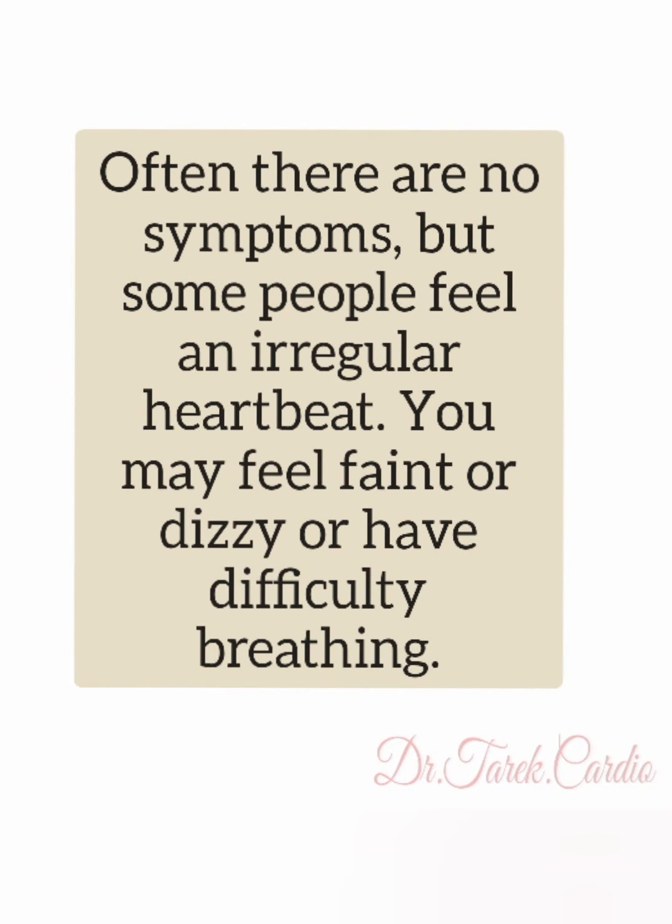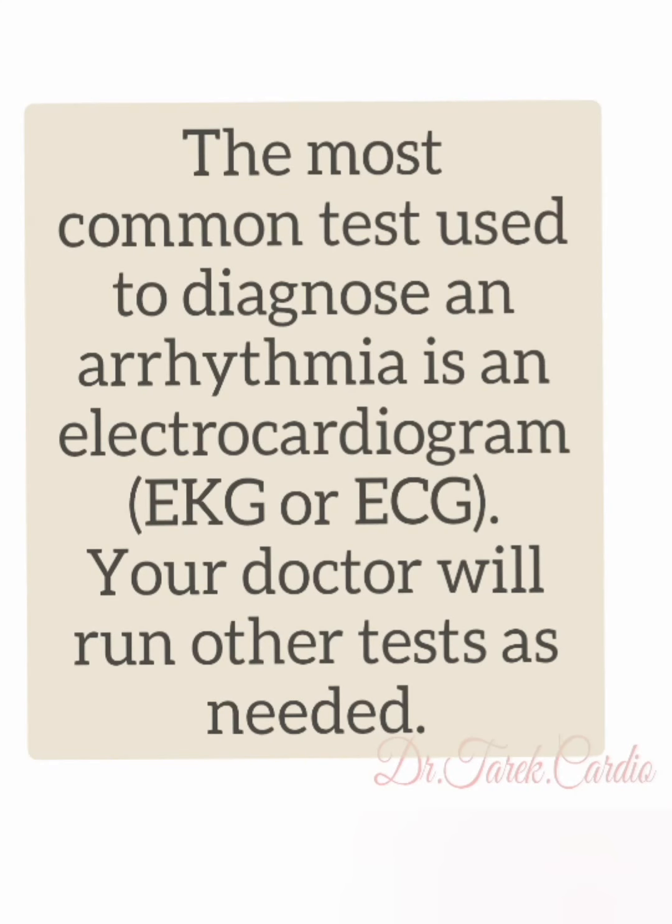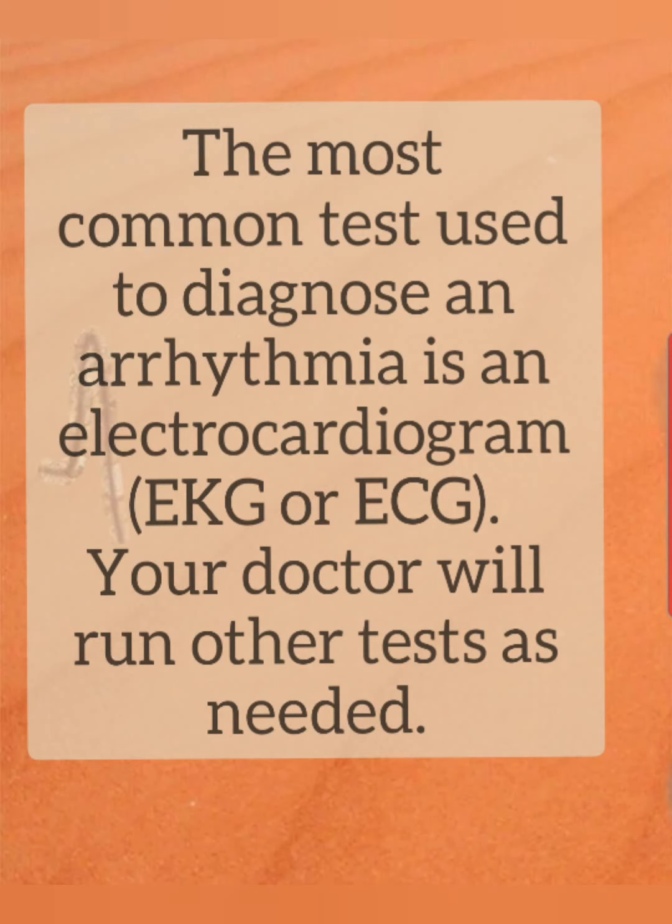You may feel faint or dizzy or have difficulty breathing. The most common test used to diagnose an arrhythmia is an electrocardiogram, EKG or ECG. Your doctor will run other tests as needed.